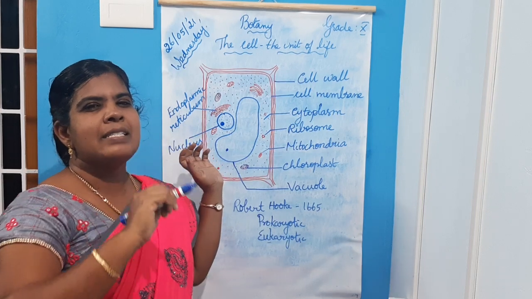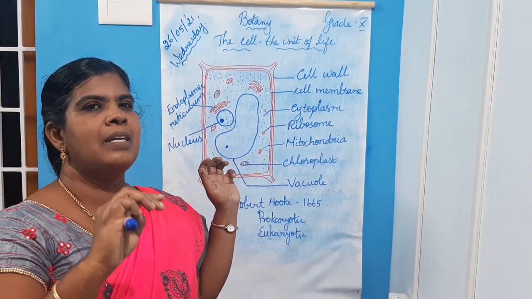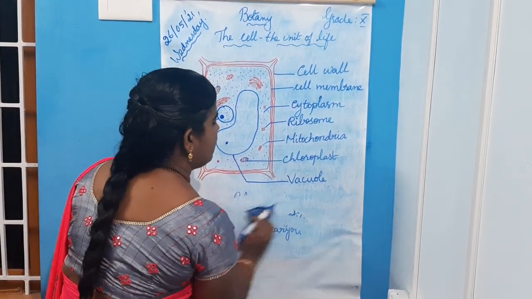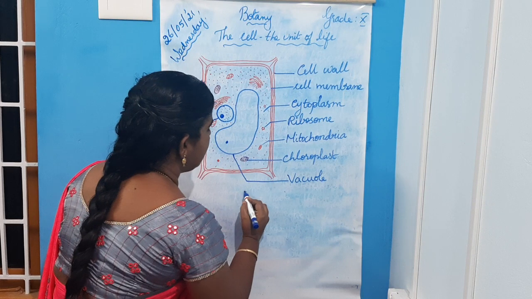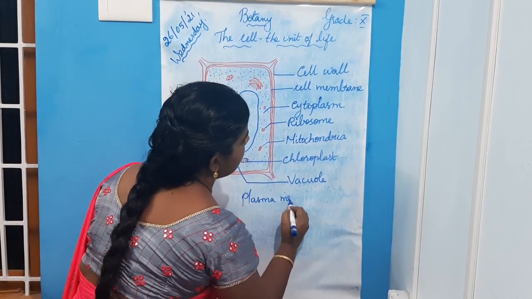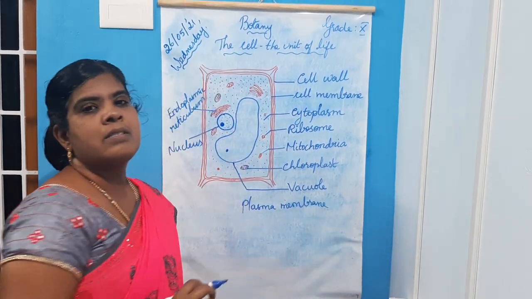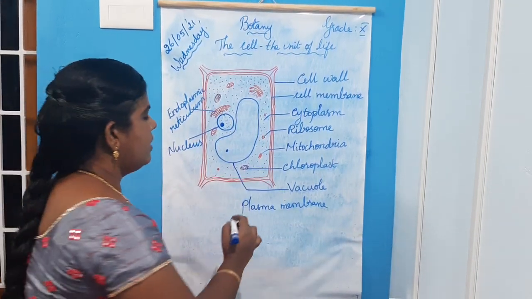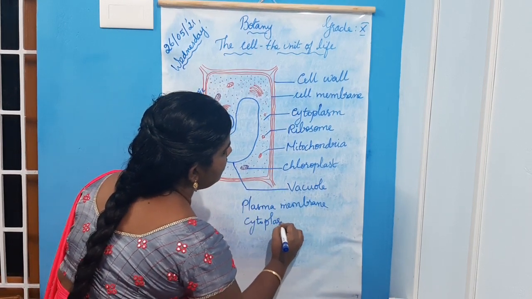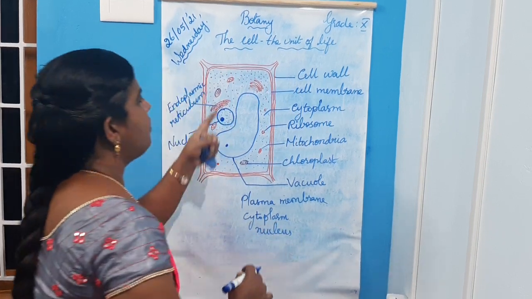So if we take a cell, it is formed of three main components: plasma membrane, then the cytoplasm and the nucleus.